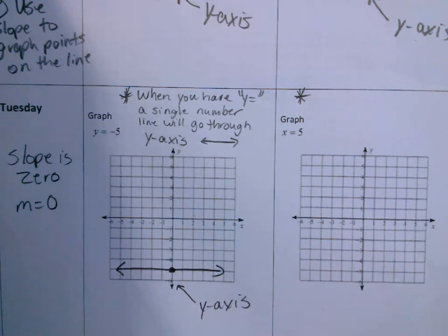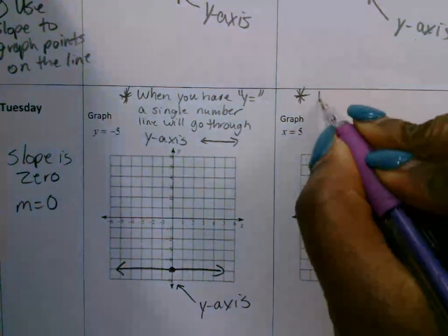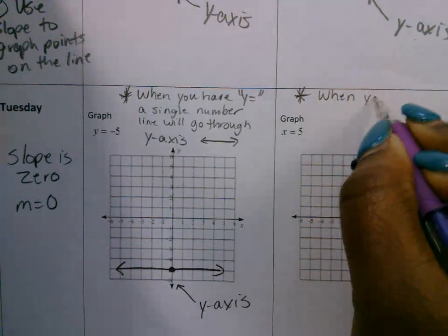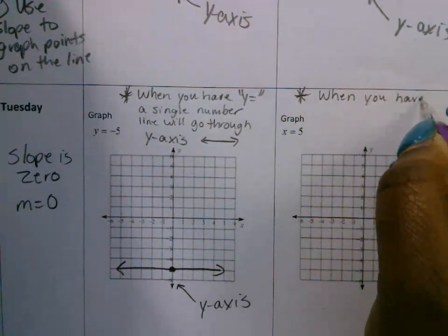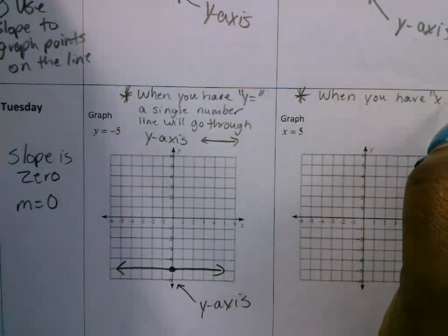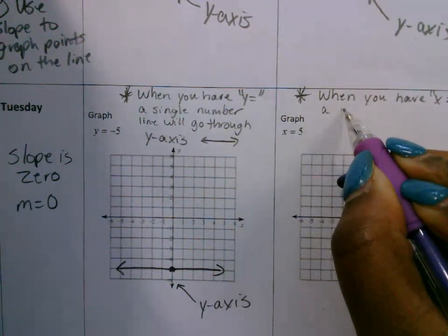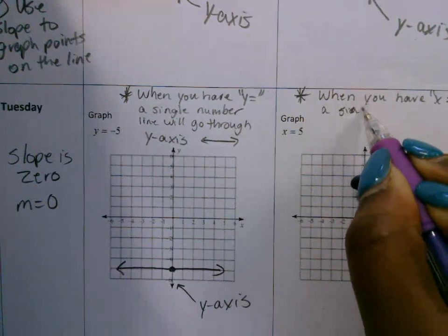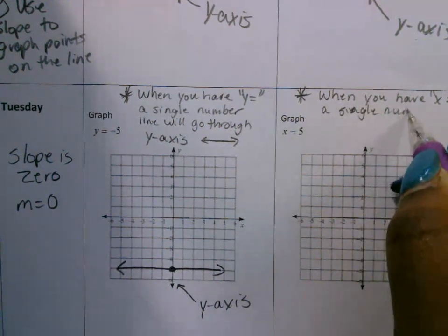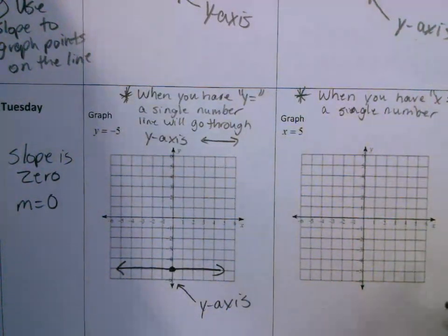When you have x equal a single number, the line will go through the x-axis.